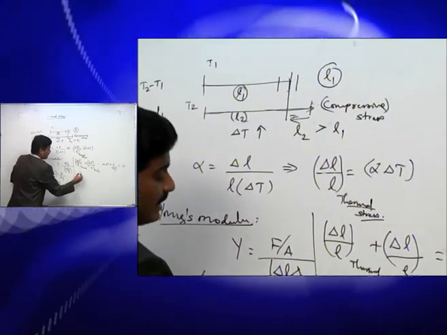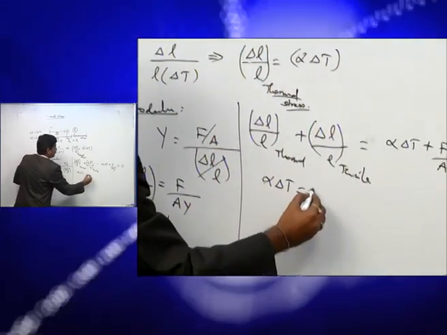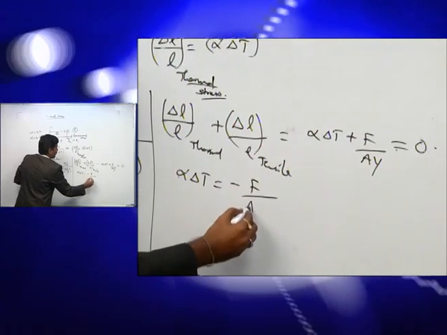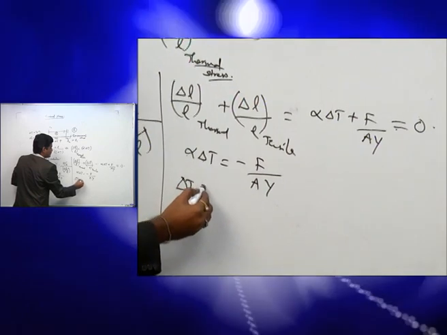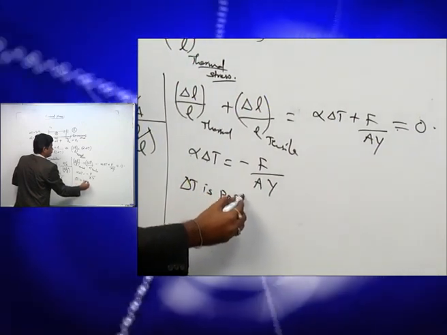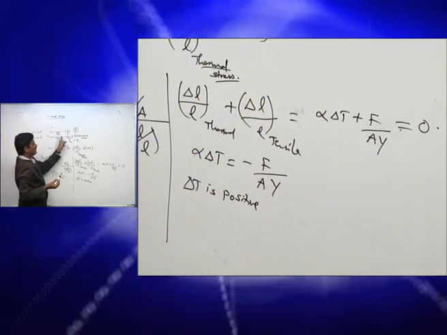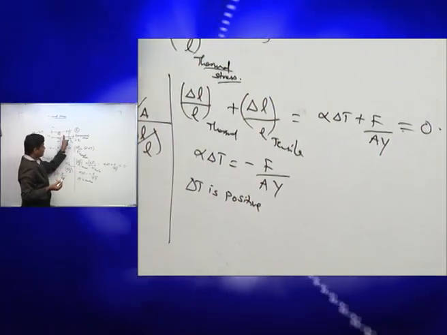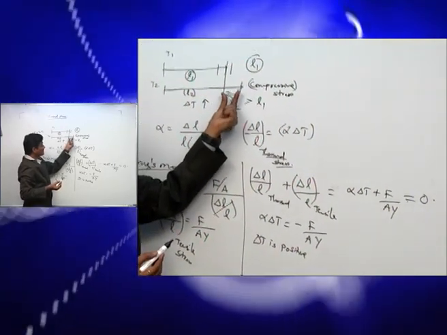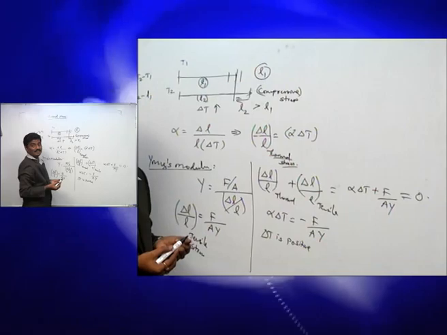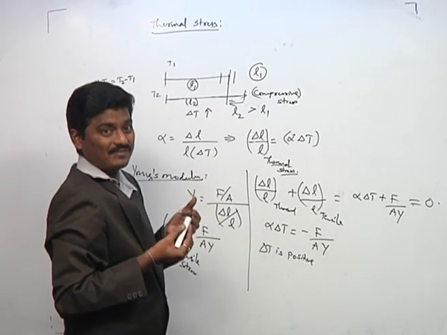So if you take alpha delta T equal to minus F by AY, suppose delta T is positive. In summer we observe the temperature increases and the metal rod expands. As the rod expands, the same amount of stress has to be developed in the opposite sense, because in normal practice we don't have any change in length in summer or winter.